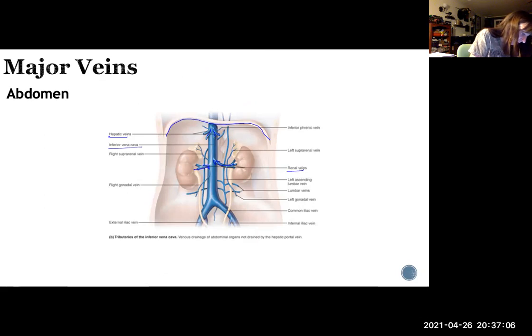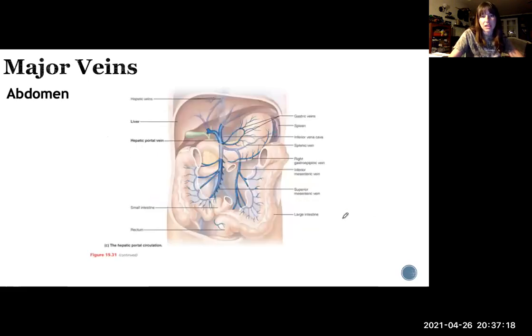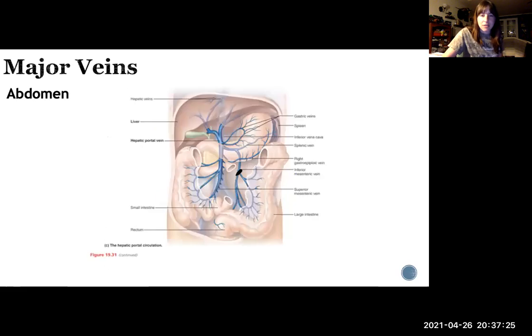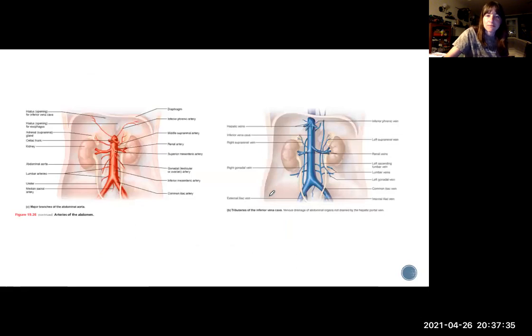This is the inferior vena cava, of course. It is the convergence of the right and left common iliac vein, which is the convergence of the external and internal iliac veins. This portion is deep, so it's way back towards your spine. This is anterior to that and how your blood flow from your large intestine and stomach is drained, but I don't need you to know any of that, okay?